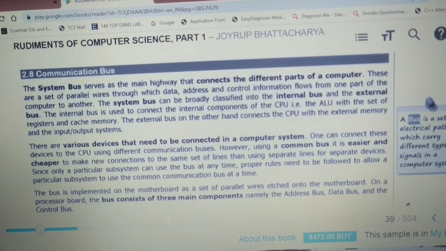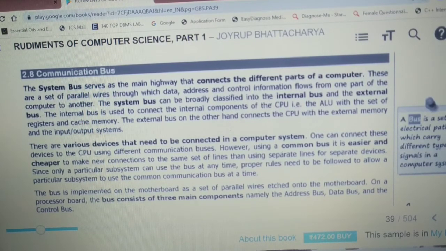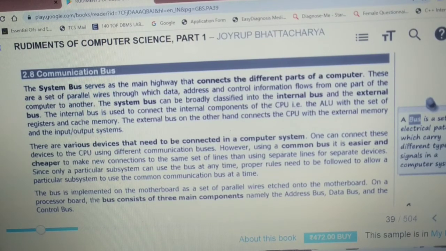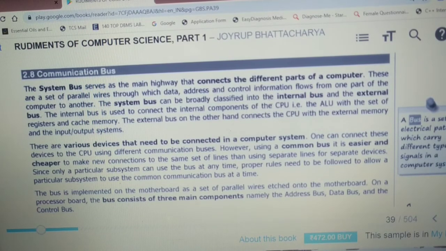Exactly the same kind of work happens in the computer. When a CPU wants some information or data, it needs to set up a communication between the main memory and the CPU. It will call and get the data, and after processing it needs to transfer the data again.